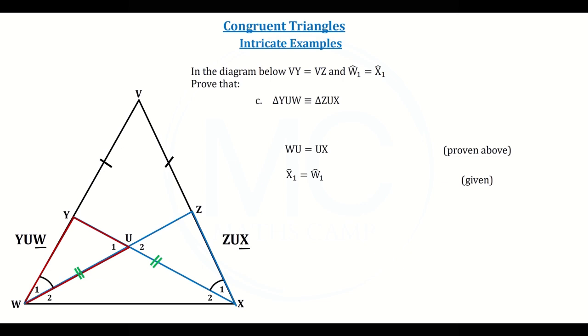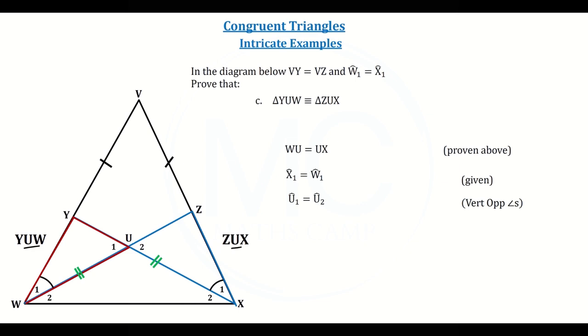The diagram breaks up angle U into U1 and U2. These angles lie vertically opposite each other, so we can see that they are equal. So now we can say that angle U1 is equal to angle U2 because these are vertically opposite angles. U is the second letter in YUW and the second letter in ZUX. So these are corresponding angles.